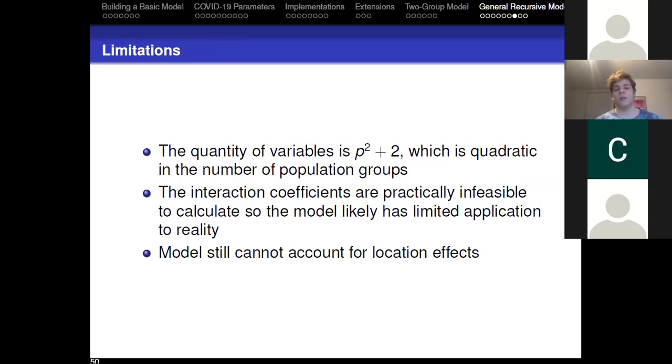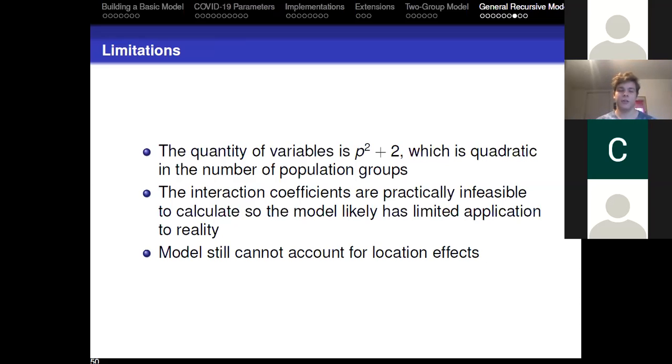And even though we can still assume certain things about the k parameters, which can reduce the quantity of parameters that we have to keep track of, this results in having certain assumptions. And so these interaction coefficients are practically infeasible to calculate. So because of that, the model will likely have limited application to reality.